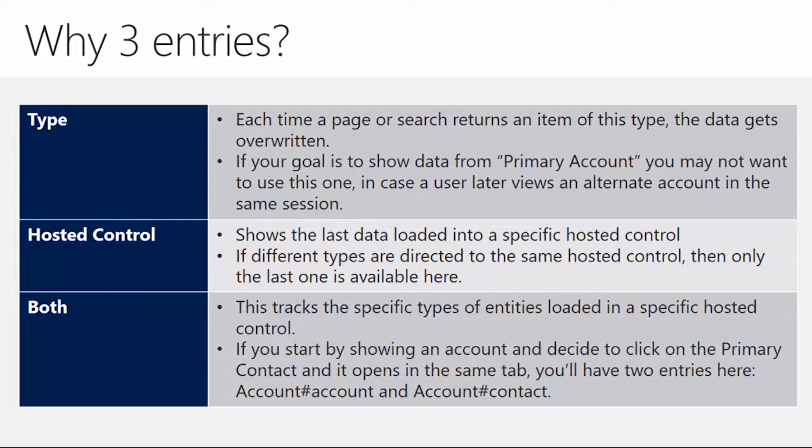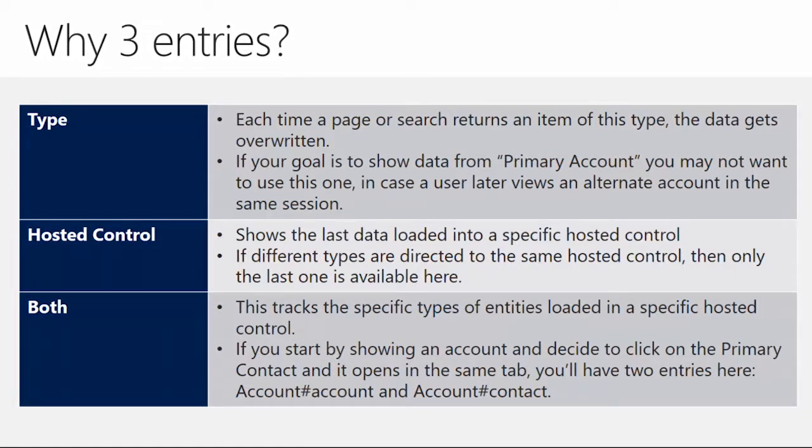I'm going to have two entries in there from a both perspective. I'm going to have account hashtag account, and I'm going to have account hashtag contact. The first one is going to show me the last account loaded into that account hosted control. The other one is going to show me the last contact loaded into that hosted control.